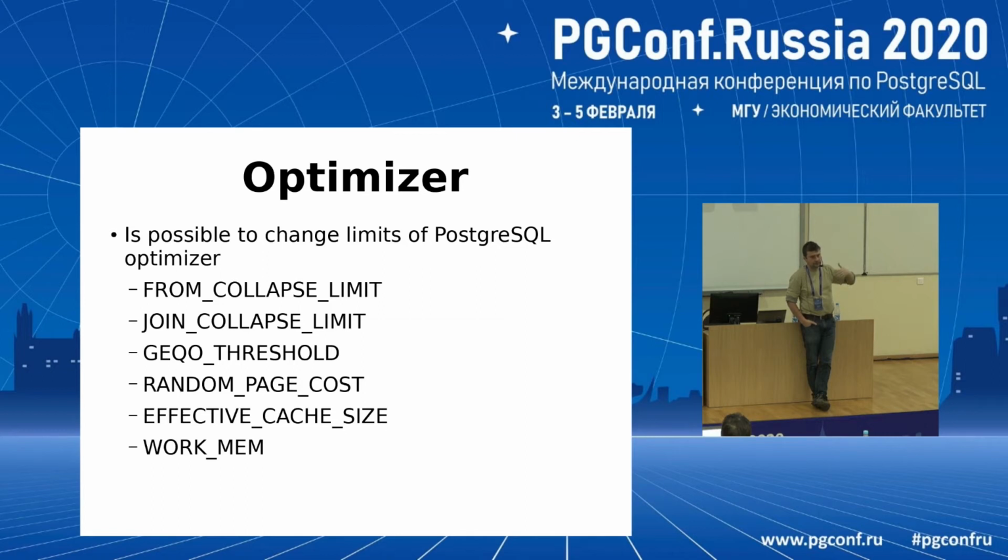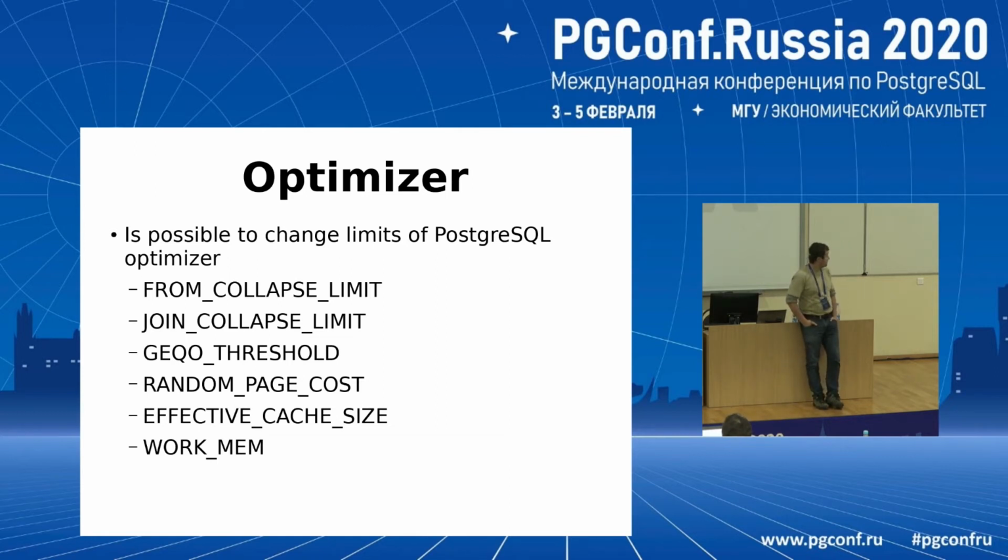So if your data is well stored in RAM, or if you have SSD, then you can reduce this value, typically to 2. Attention, it should always be higher than seq_page_cost. If you set it 1 to 1, then there can be a lot of problems. Another problem is effective_cache_size.